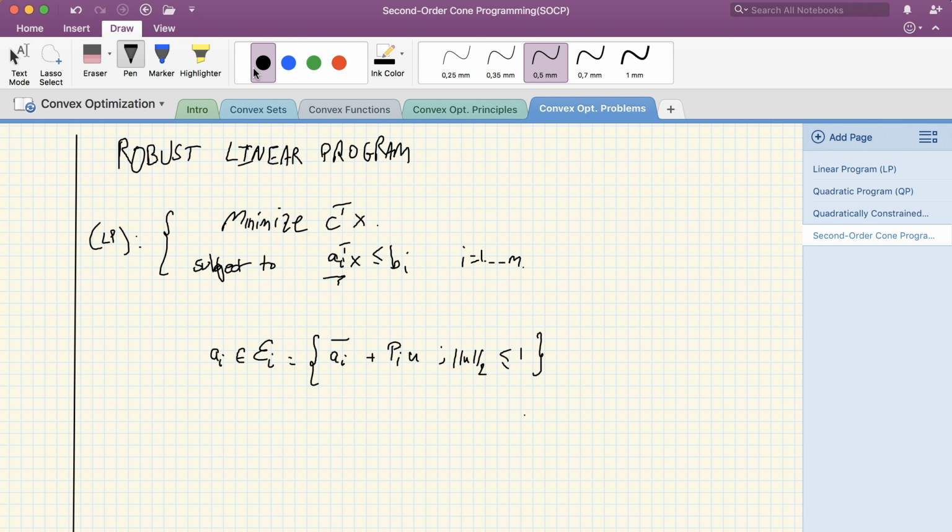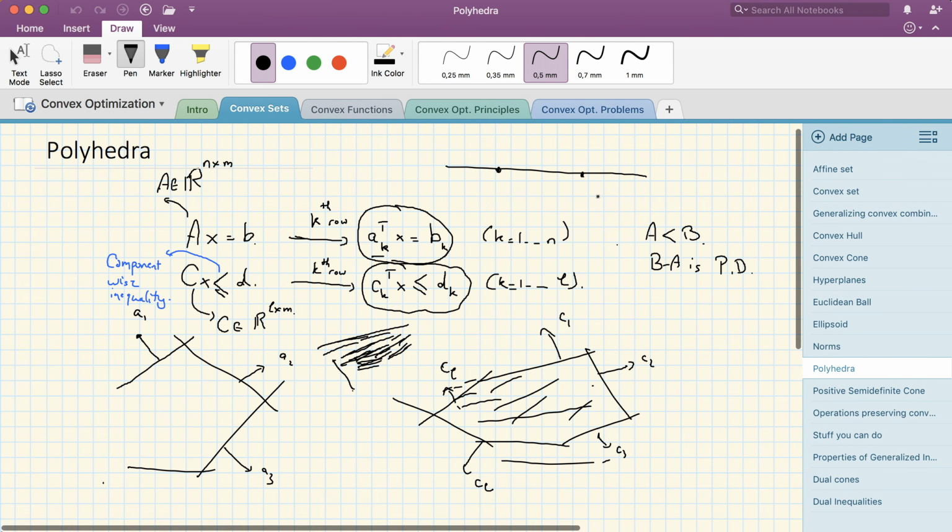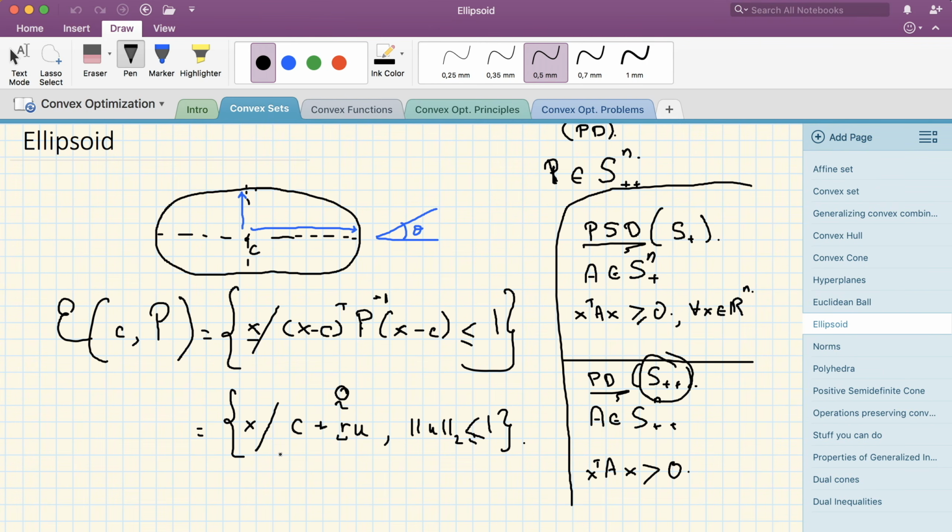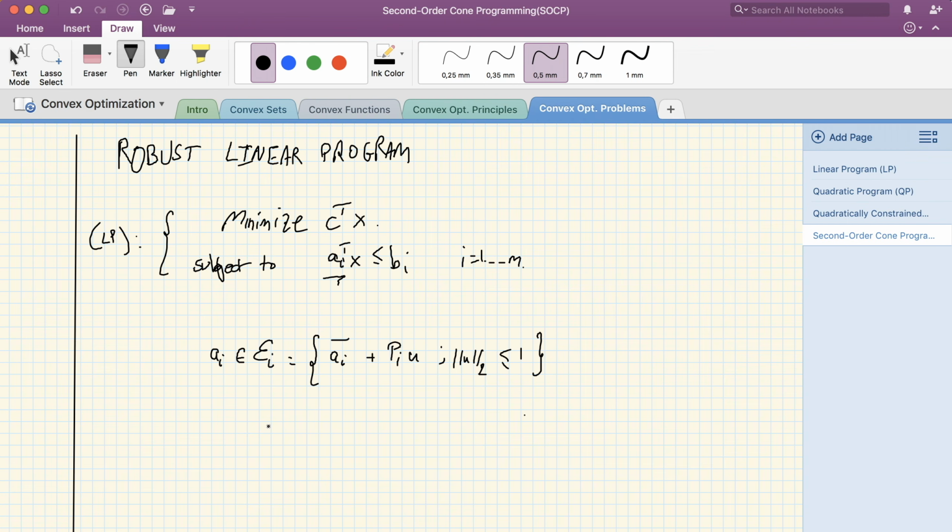So if you recall in convex sets, when we talked about ellipsoids, this was one way of expressing an ellipsoid of center c while adding a certain direction, q times u, right? So likewise here, aᵢ is known to lie actually in some ellipsoid.